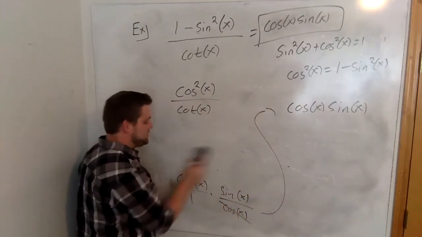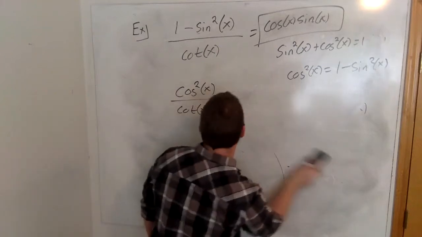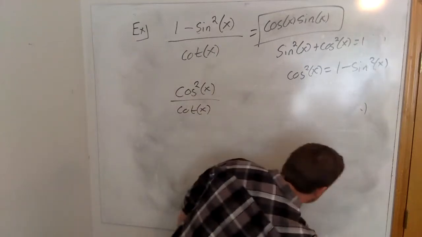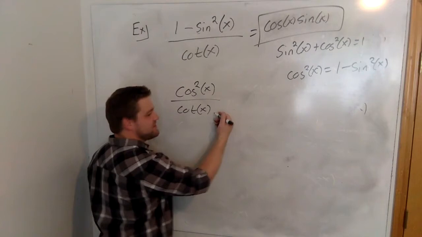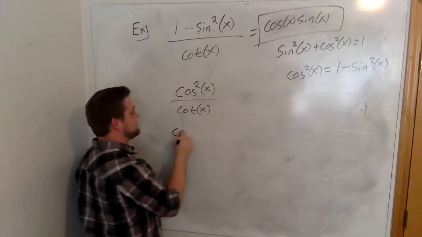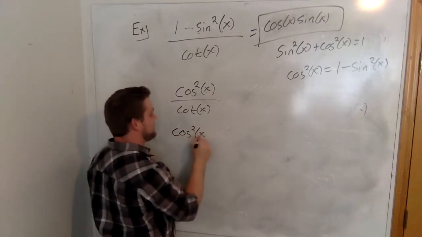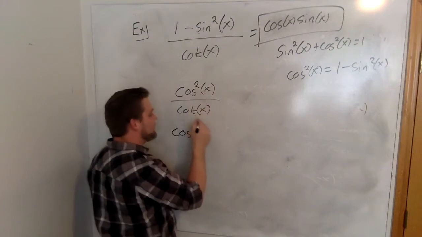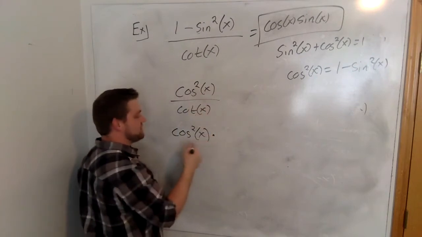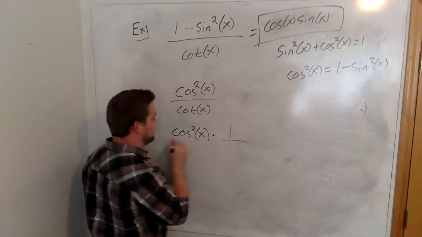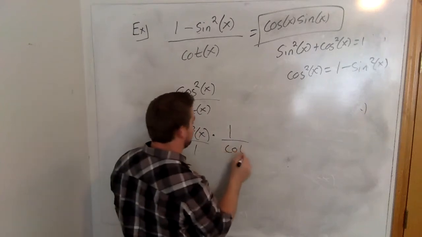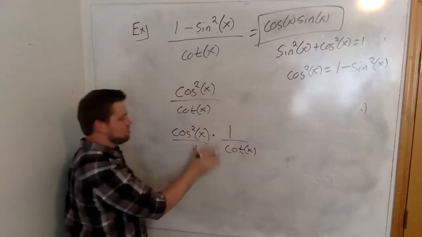I mean, maybe we could have thought from here that 1 over cotangent is the same thing as tangent. This is the same thing as cosine squared of x. How about I show a lot of gory detail? If I undo this fraction multiplication, this is equivalent to this.